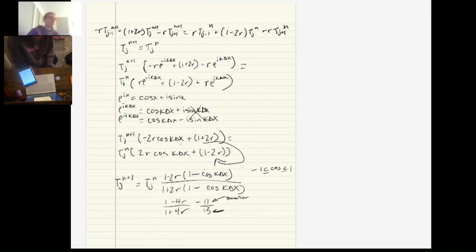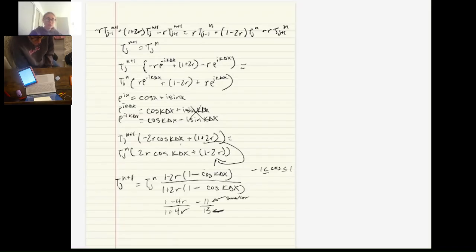It will always be a fraction like this, always approaching 1, no matter how big r gets, instead of reaching 1. That means T_j^(n+1) is never going to be bigger than T_j^n. That is always helpful.